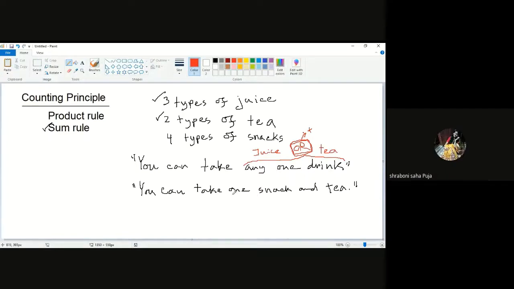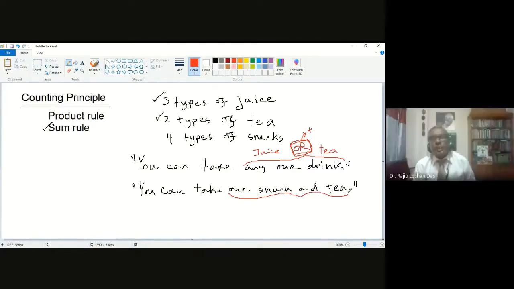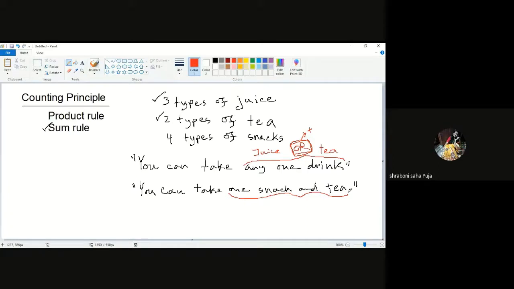Sir, here we can take one snack. Snack, so here have four types. And we drink tea. It is two types. So snacks is four and tea is two, not six.